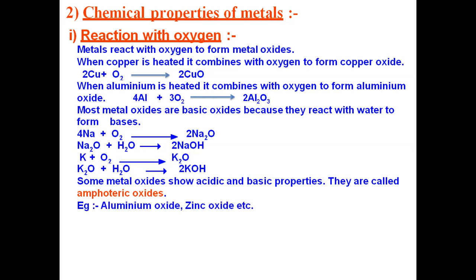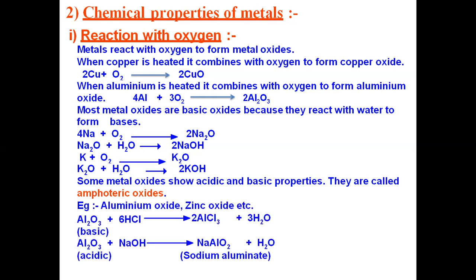Aluminium oxide combines with both acid as well as base to form the corresponding salt and water. Since aluminium oxide reacts with the acid to give a salt, this shows it must be a base, because acid and base combine with one another to give a salt.